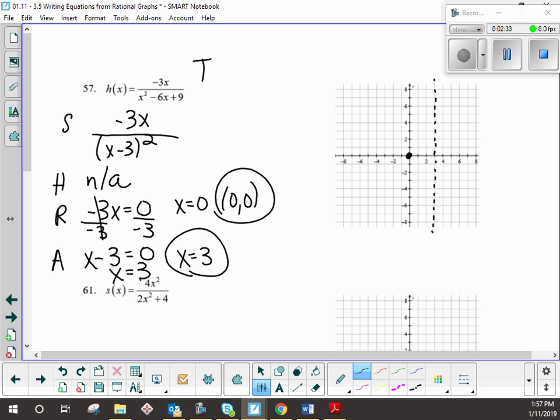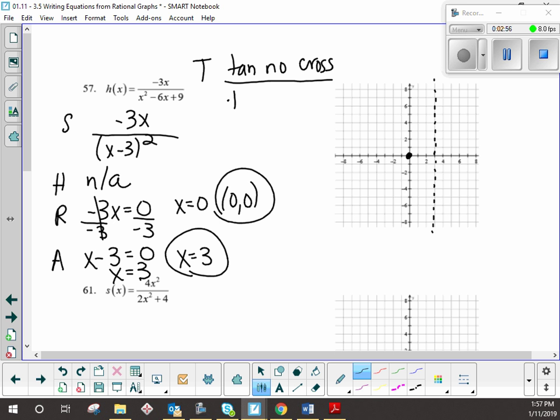And then T is tangent over together. Okay, root behavior over asymptote behavior. So tangent means I'm looking in the numerator for any factors squared. There's the x squared. No, so this is no. So it's going to cross when it gets to that root. And then the bottom is asymptote behavior.